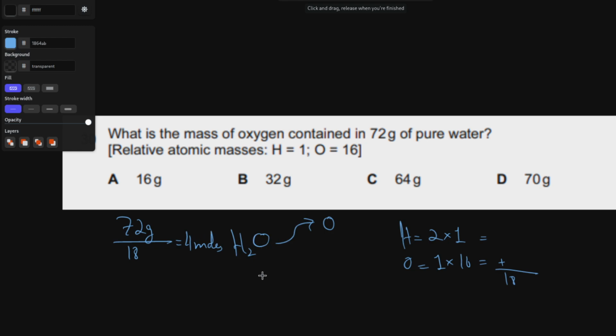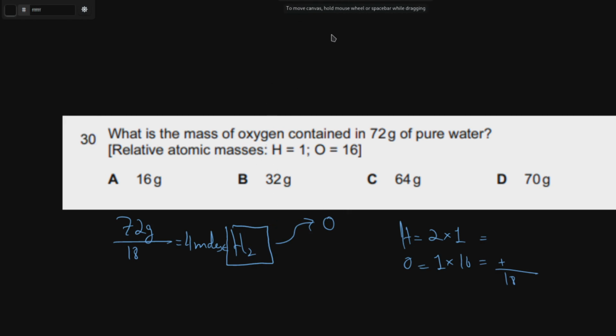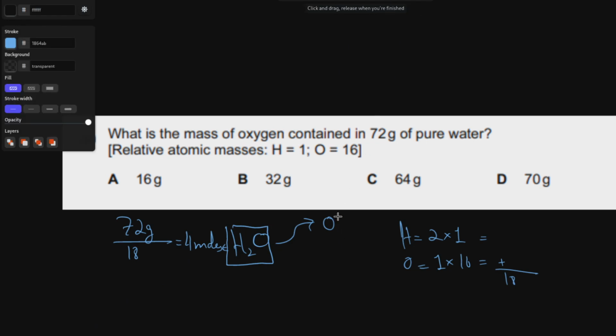Now, if we were to divide it into particles, this entire particle is 4 moles, and this entire particle has 1 oxygen atom present, then that means that 1 times the mole will be present in oxygen as well. 1 times 4, and that will be 4 moles of oxygen.